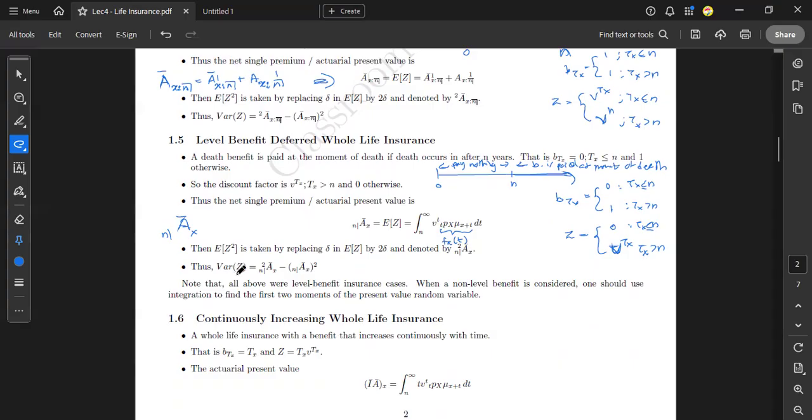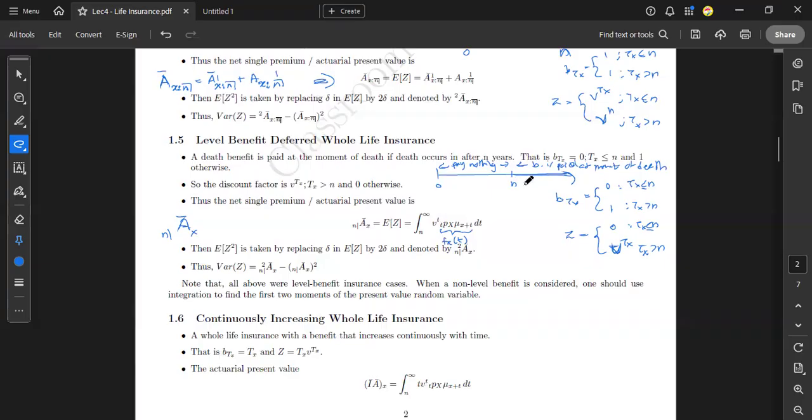So you can use the integration to get this value. But if you look at it, if you get a whole life insurance, the coverage starts from 0 and goes to infinity. If you get a term life insurance, coverage goes from 0 to n. And if you get a deferred whole life, you get it from n to infinity.